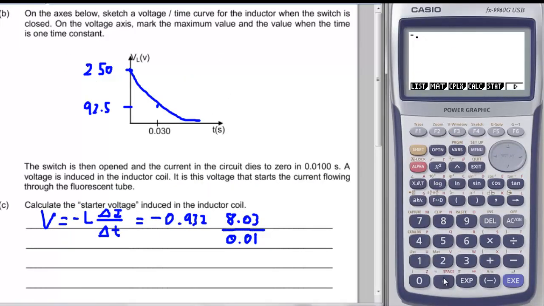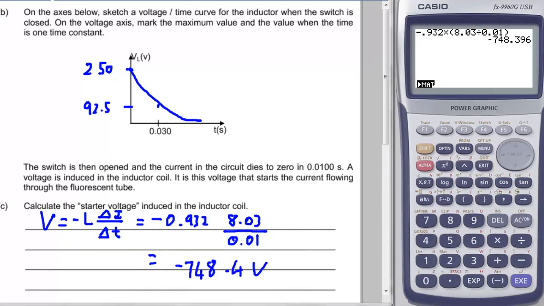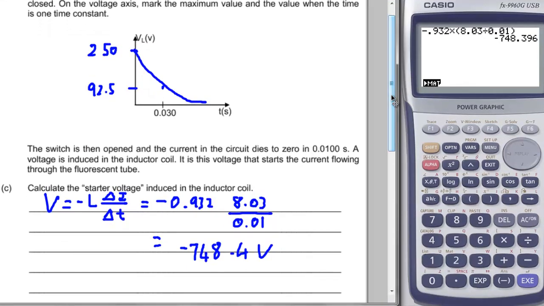We type that into our calculator, negative 0.932 times 8.03 divided by 0.01, giving a voltage of negative 748.4 volts, or negative 748 volts to 3 significant figures.